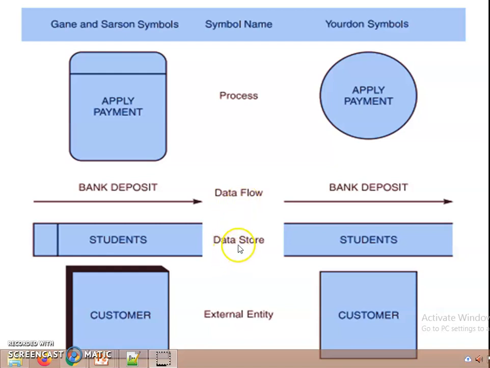Then we have the data store. For Gane and Sarson, we have an open-ended rectangle, while for Yourdon, there's two parallel lines. Now, for the external entity, for Gane and Sarson, we have a double square, while for Yourdon symbol, we have only a square.